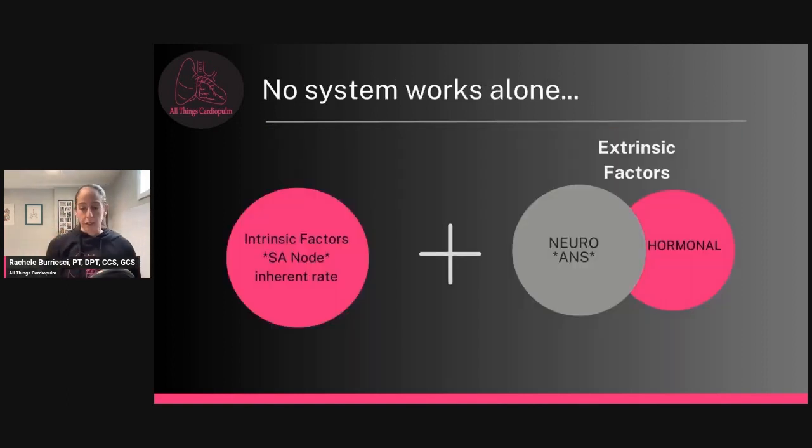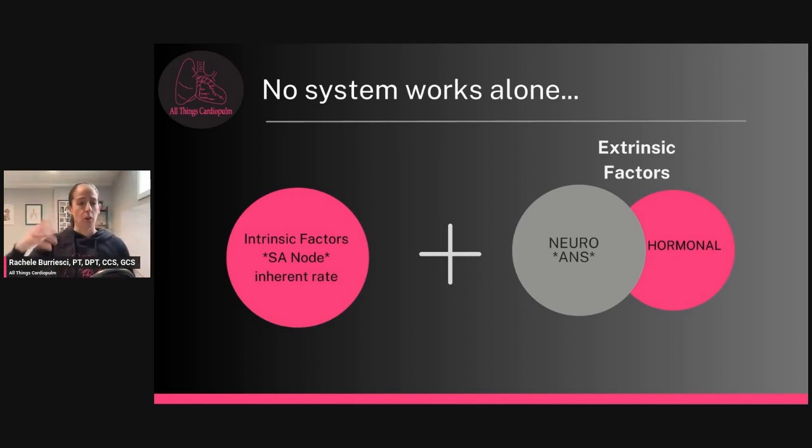So just a reminder that no system works alone. And even though the heart has this intrinsic function of the SA node creating inherent rate and creating action potentials, it doesn't work by itself. We have the neurohormonal system really helping control the heart as an extrinsic factor.